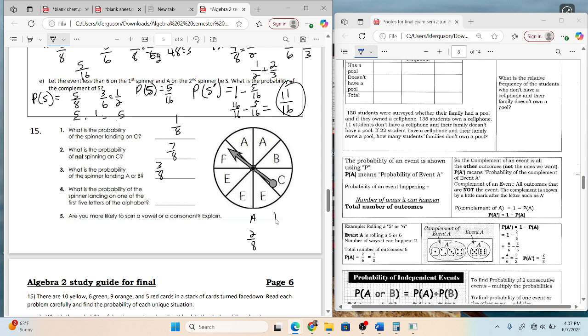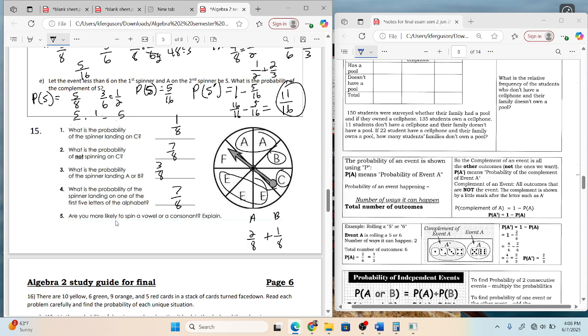The probability of getting B is 1 over 8, and I add them, 3 over 8. Boom. What is the probability of the spinner landing on one of the first 5 letters of the alphabet? That's A, B, C, or E. So it's not F. So that's just 7 over 8.